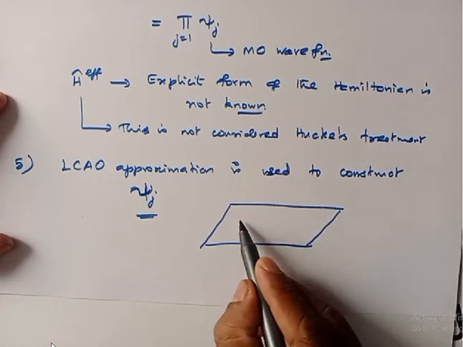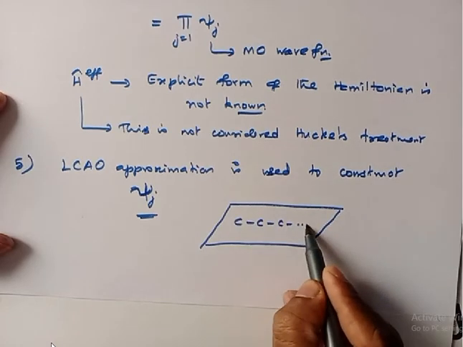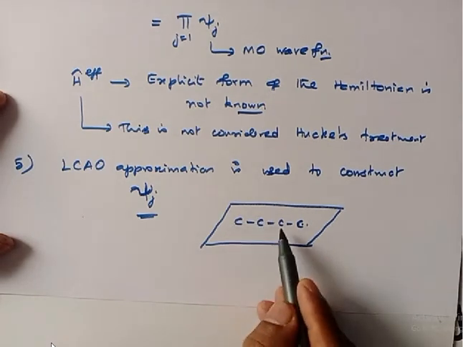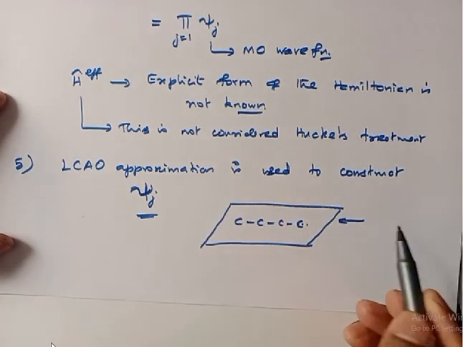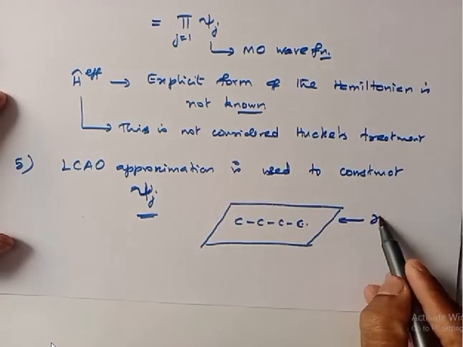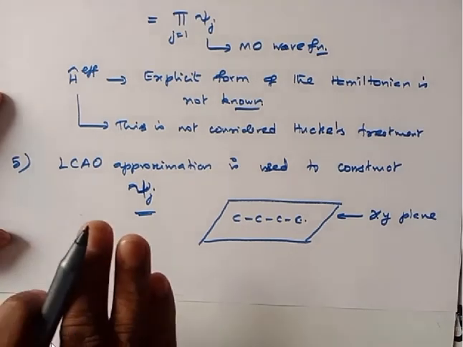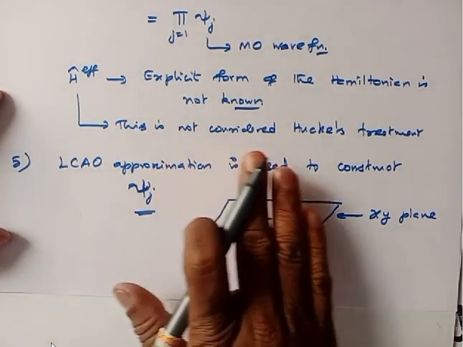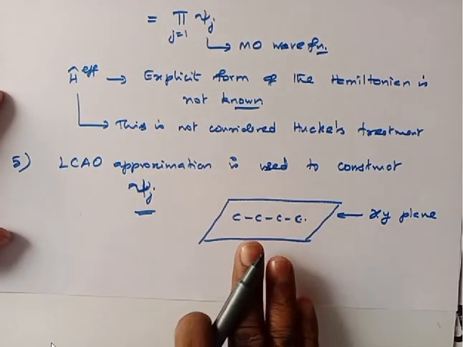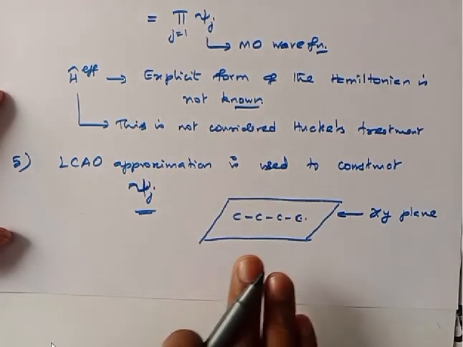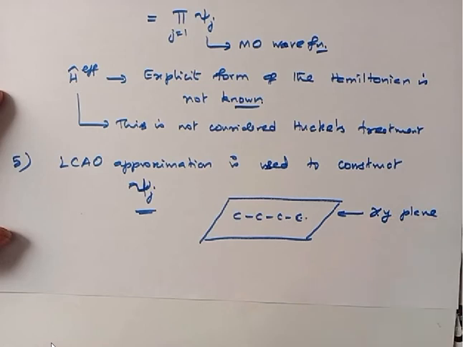Let us assume that these are all carbon atoms, and all the sigma bonds are considered to exist in a plane, and that plane is usually taken as the xy plane. In Huckel molecular orbital method, the sigma framework of the molecule must be assumed to exist in a plane, and that plane is considered as the xy plane.